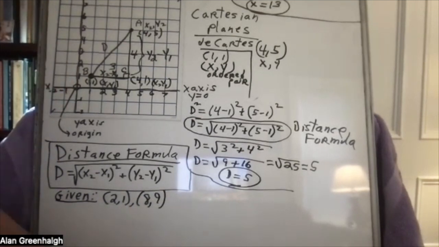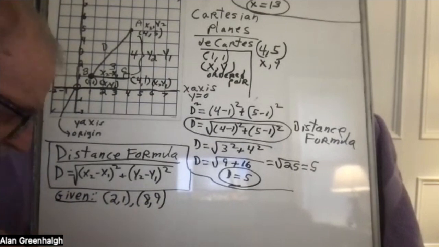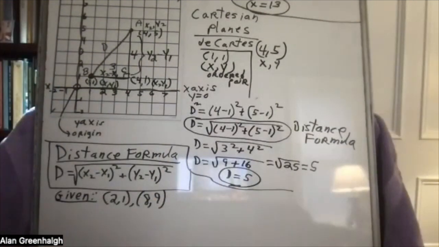Here are 2 points. So in other words, pretend that I've just graphed these 2 points. And we want to find out how long the line is that connects these 2 points.